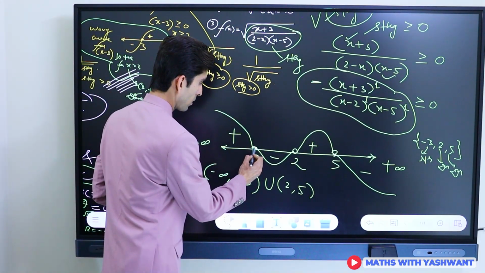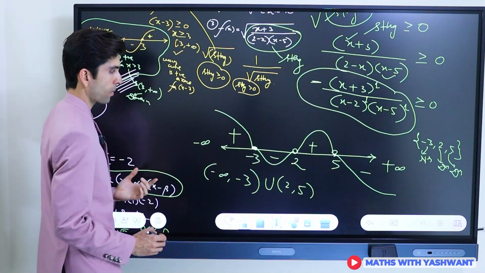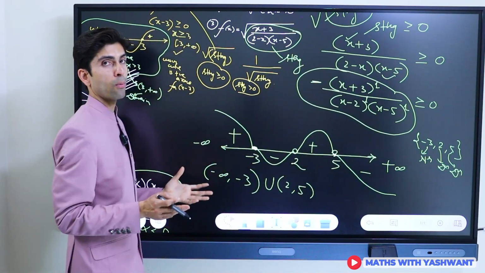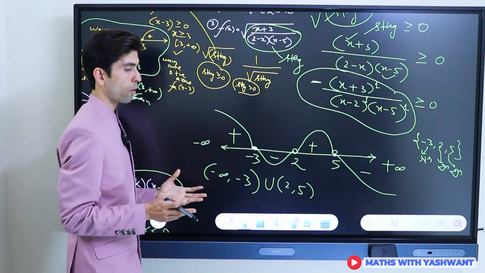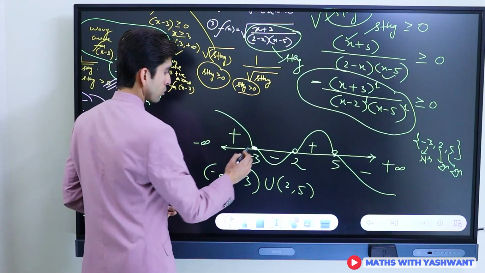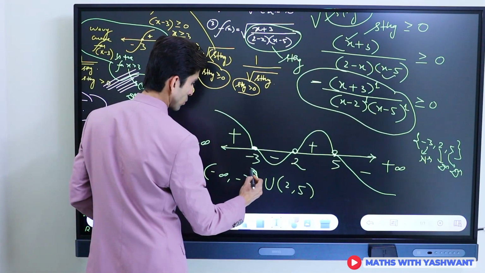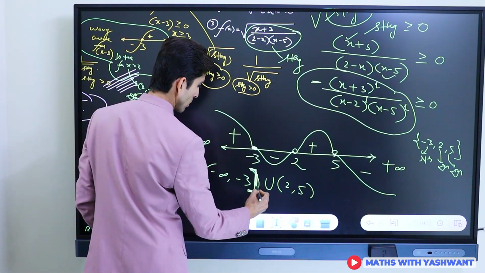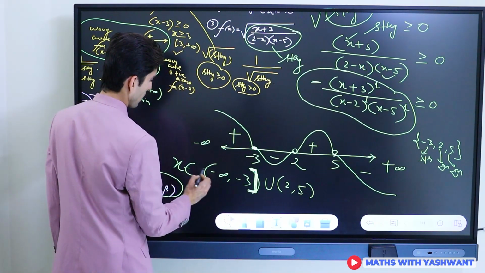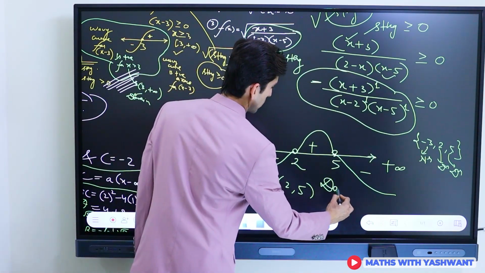So minus 3 is the point where the curve intersects the number line. 2 and 5 are not such points, we have open circles, so the curve does not exist there. So minus 3 we should make closed because we have to include it. So this is the final answer, or the domain.